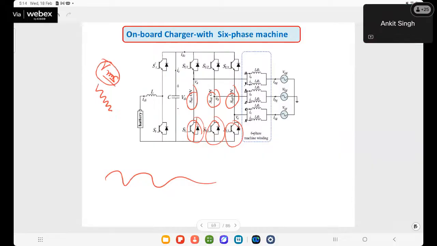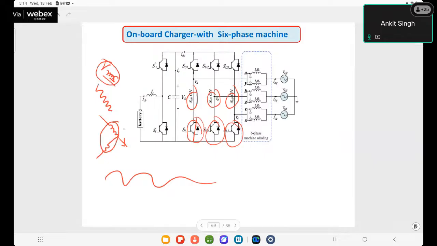That is one aspect. In some converters there will be a high ripple at the output side, depending upon the converter. If we still want to suppress the ripple, the filter size will increase, which increases the weight as well as the cost of the system.